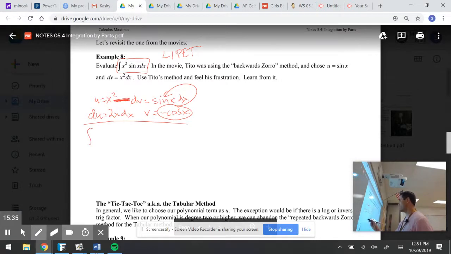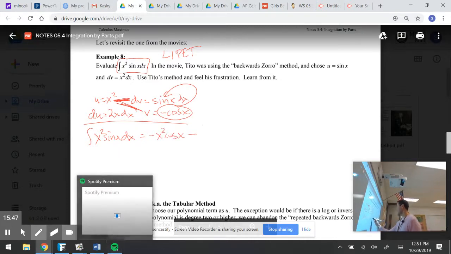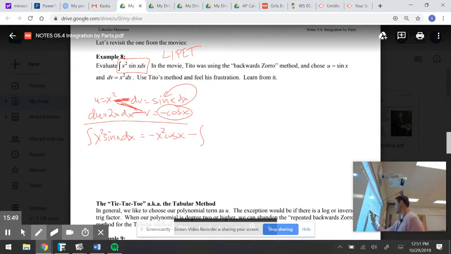So the original problem, which is the integral of x squared sine x dx, is equal to those two guys, which would be negative x squared cosine x, minus these two guys. It'd be negative cosine x times 2x dx, right?